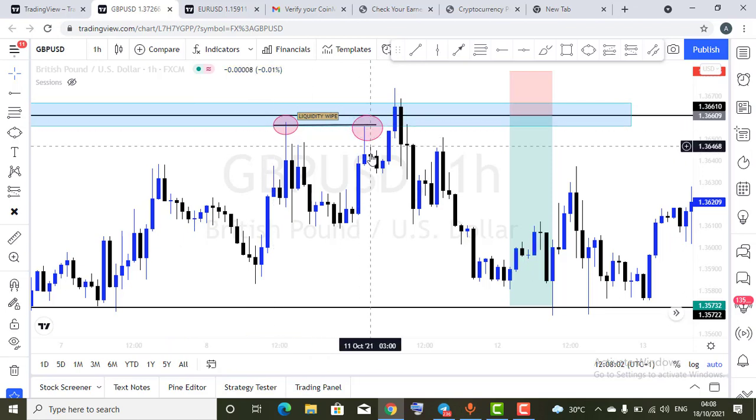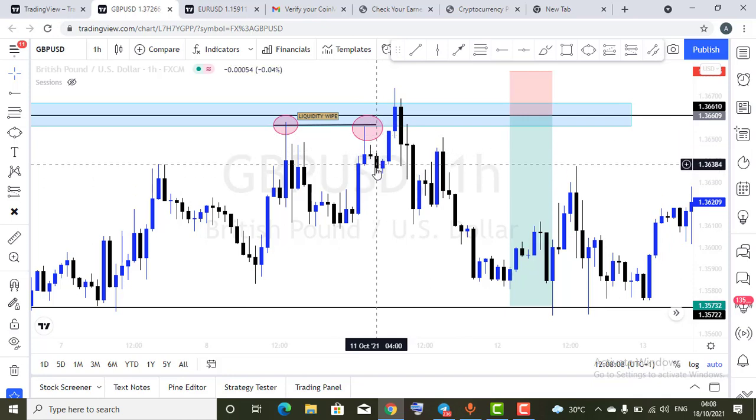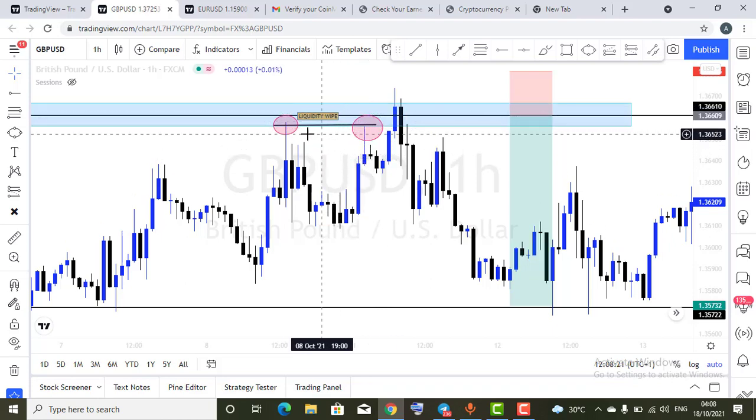And with this kind of rejection, and you see a doji candle like this and another sell candle printed like this, so many traders will start selling at this point and probably put their stop loss above this high right here. And so many other people might have buy stop limits right here.